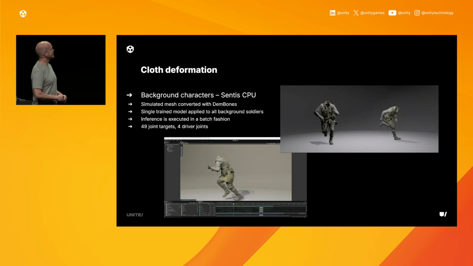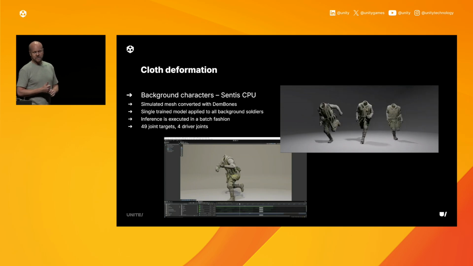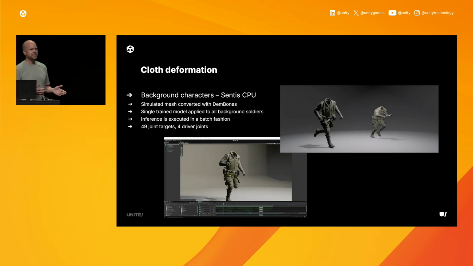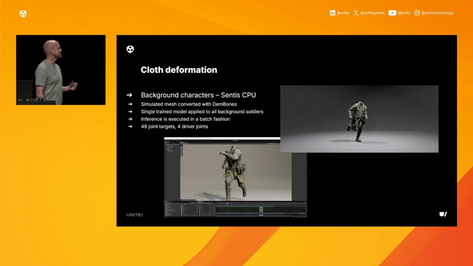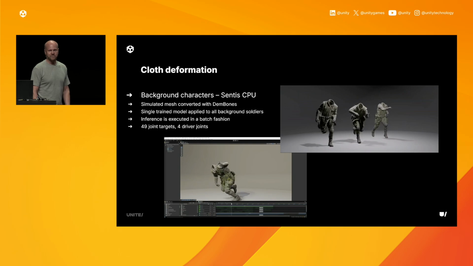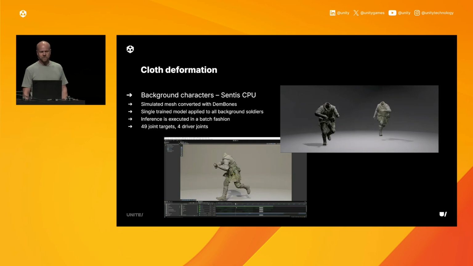The nice thing is we can use that one model and run inference at runtime. Whatever character is on screen, we throw it on the model, apply the deformation, and all of a sudden all the characters have deformation on the lower coat. That's about 49 joint targets and 4 driver joints for the background characters.